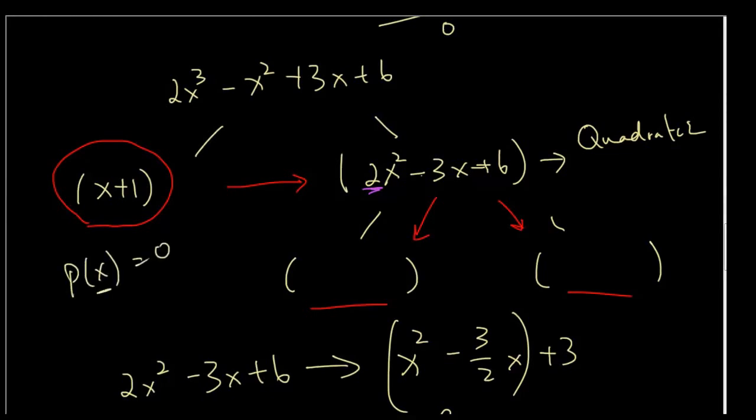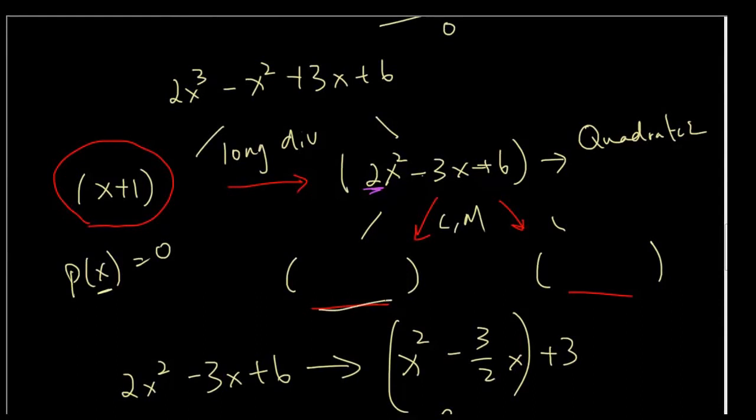We need to find that value. So we found that x equals negative 1, p(x) is equal to 0. So x plus 1 is a factor, and you use long division to get my quadratic. And from the quadratic, you use complete the square method to find the other two roots, which is this one and this one.